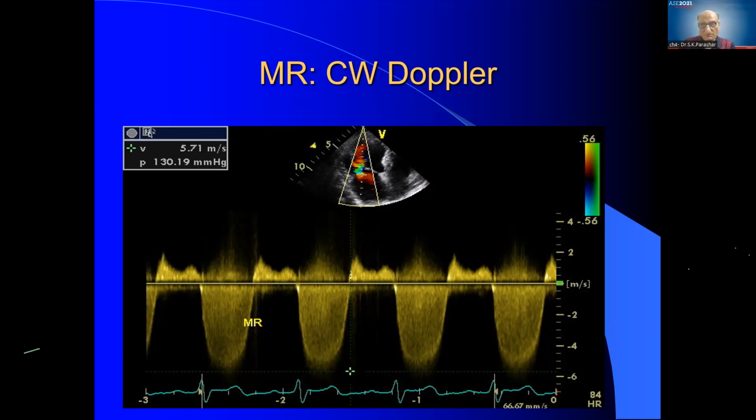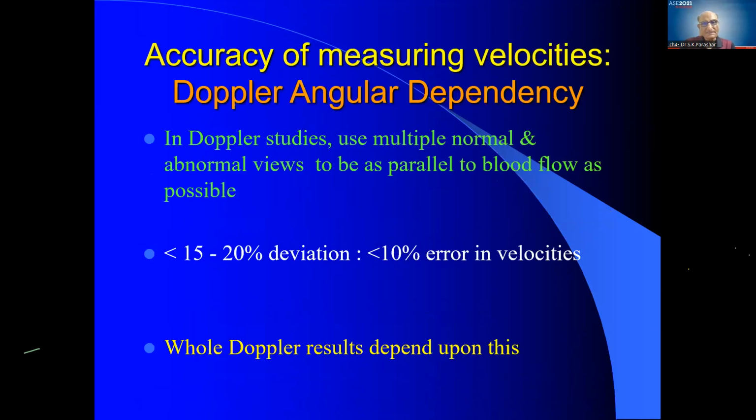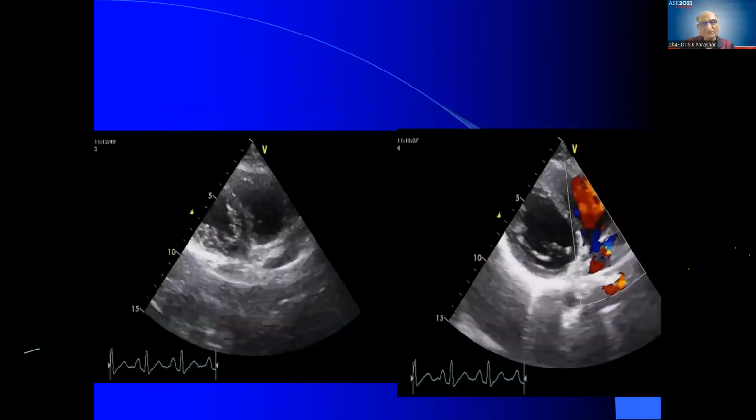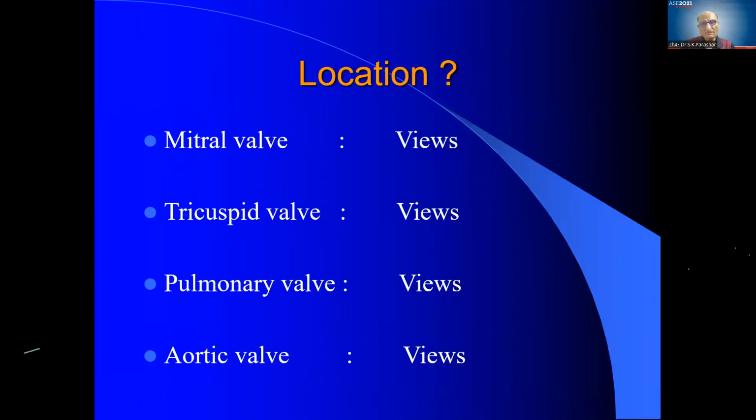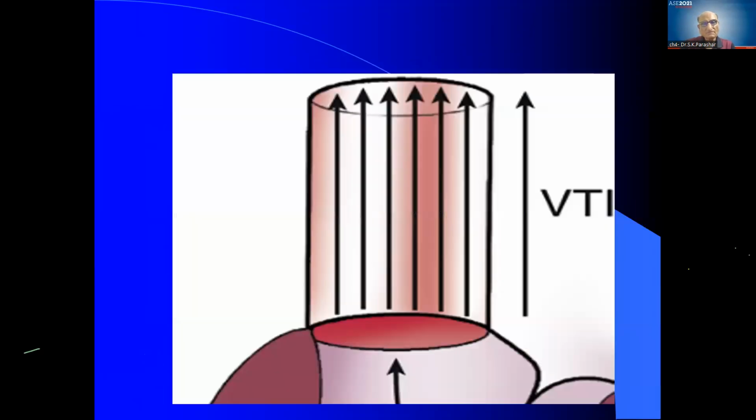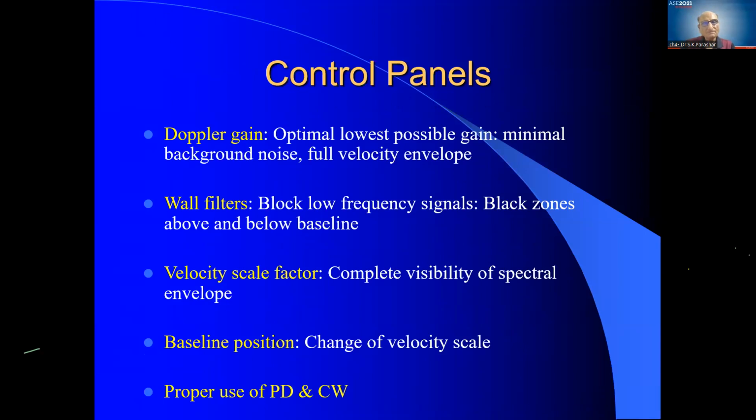Sir, can you elaborate the functions of the different control panels on the Doppler study? No, as I told you, you can understand this better once you are shown the cases. For example, we see Doppler gain, wall filters, velocity scale, baseline position.